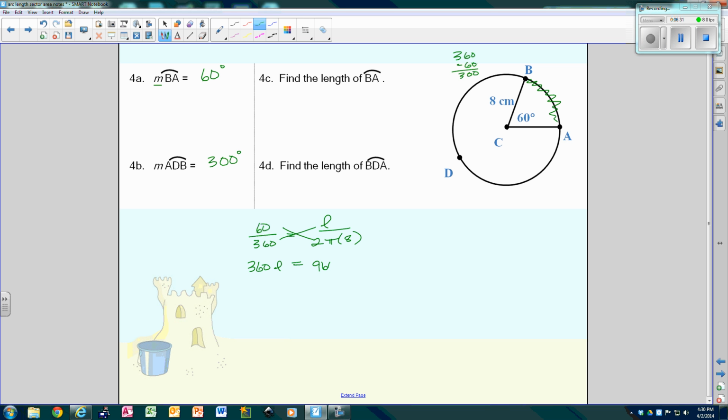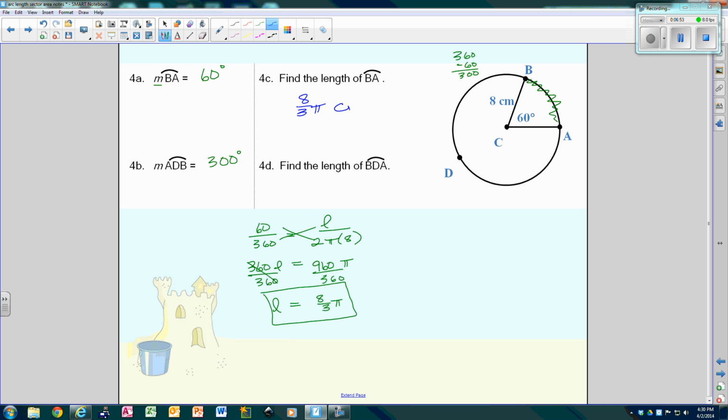So this is 960 pi. Divide by 360. I get that the length of the smaller is 8 over 3 pi. 960 divided by 360, math, enter. So this one is 8 over 3 pi.